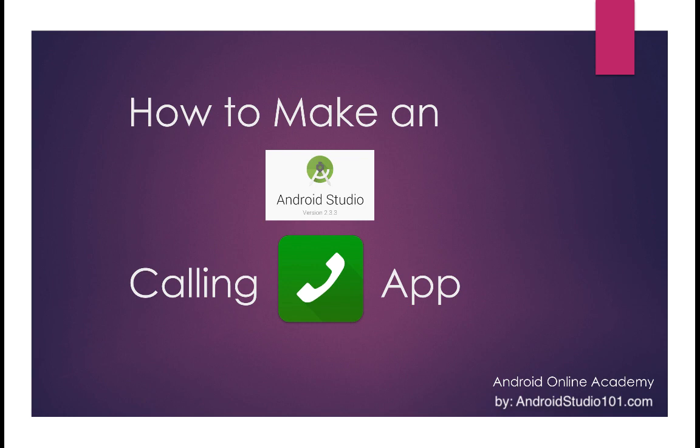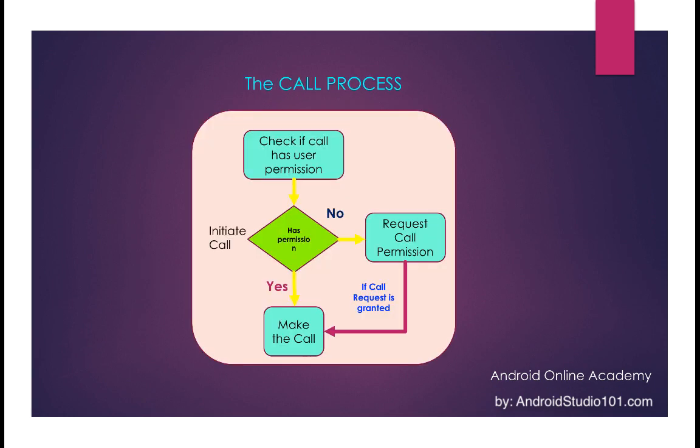So let's proceed. In a calling app, there is a specific call process. Before, the only thing that the programmer would do is look at this box at the bottom, the make the call process. This is the only thing that the programmer would need to code before.